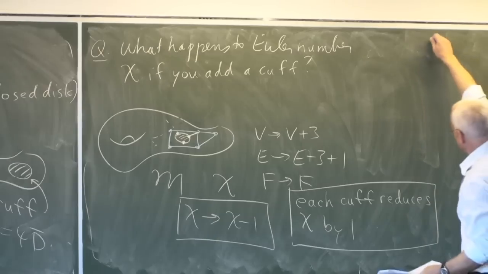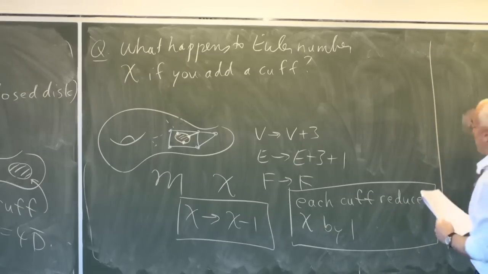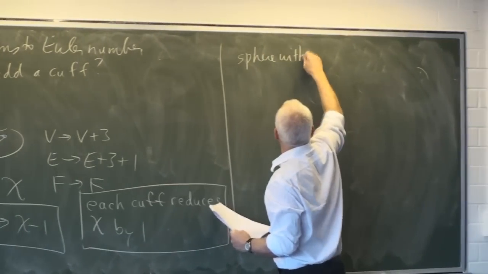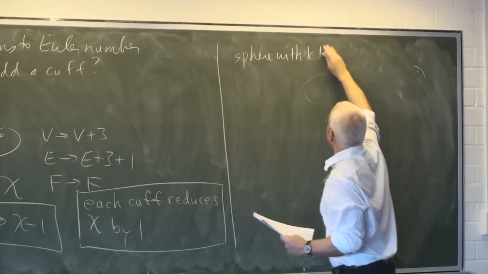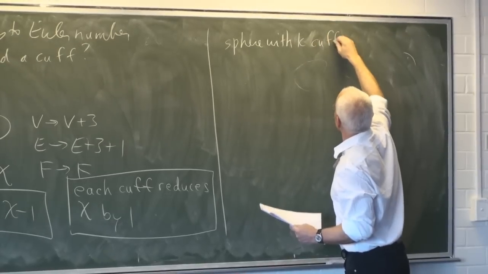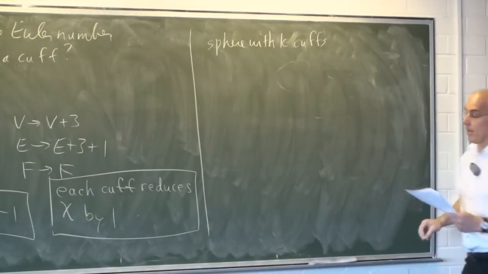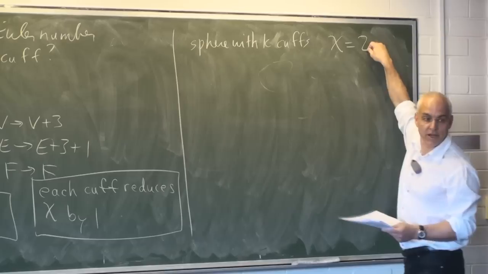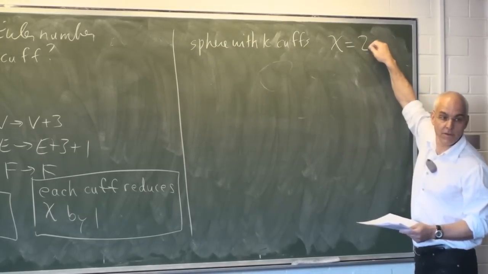So we could make a kind of a list. If we have a sphere with k holes, or k cuffs rather, then the Euler characteristic is going to be 2, the original Euler characteristic of the sphere, minus k.